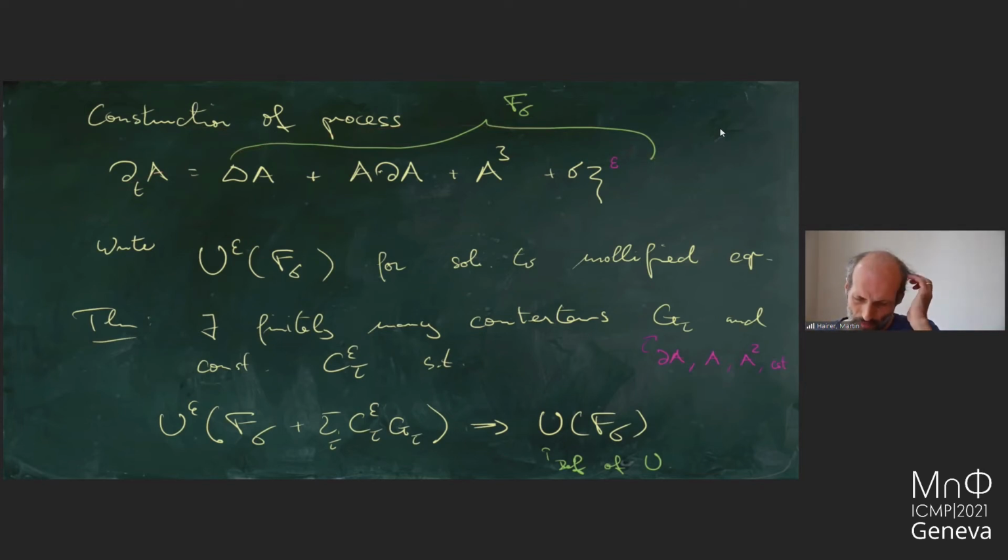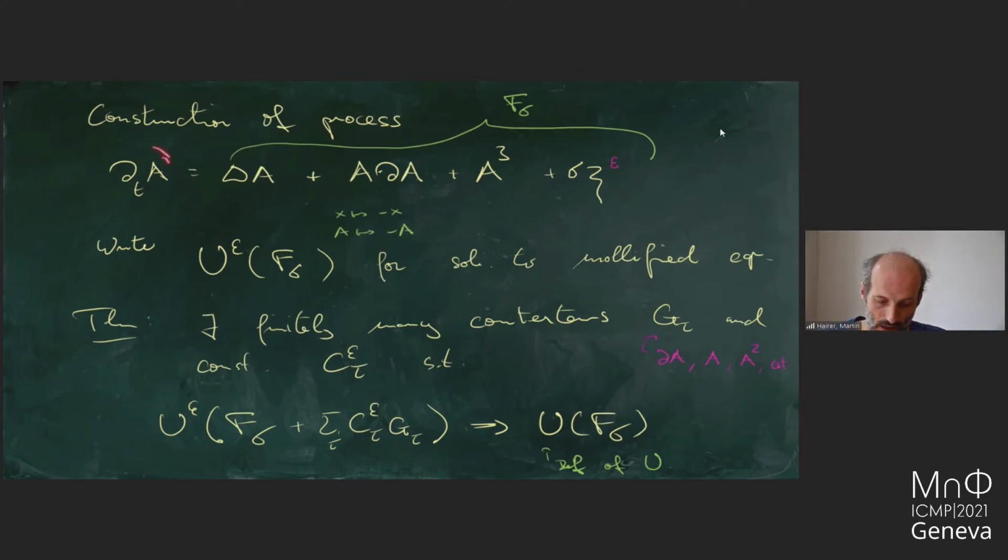Now, for symmetry reasons, you can actually rule out a bunch of these terms. If you look at this equation, you find that if you look at the substitution x goes to minus x and simultaneously A goes to minus A, then every term in the equation changes sign.